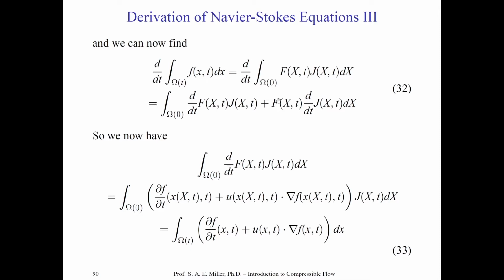We can rewrite this term here as partial f of x of big X plus u of x of big X inner product nabla f of x of big X with the Jacobian. Using the definition of Jacobian and the relation, of course, of the material derivative, you'll see that indeed we can write at a later time partial f partial t plus u inner product of nabla f dx.